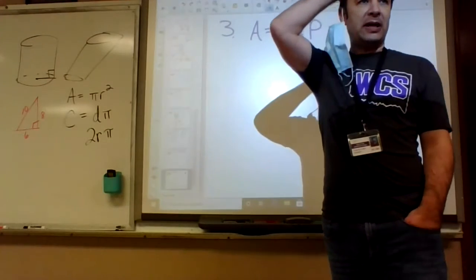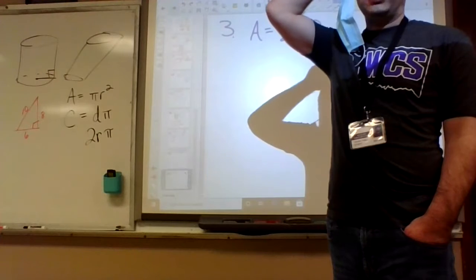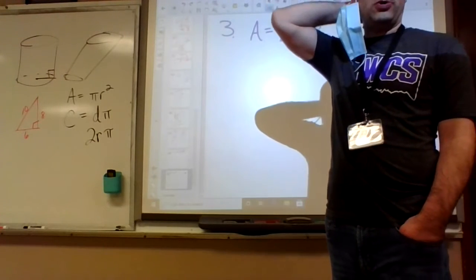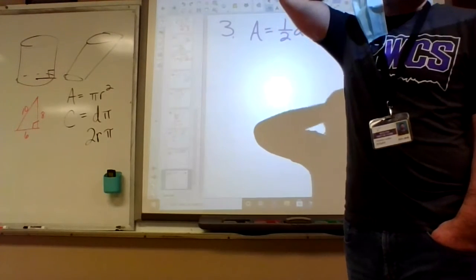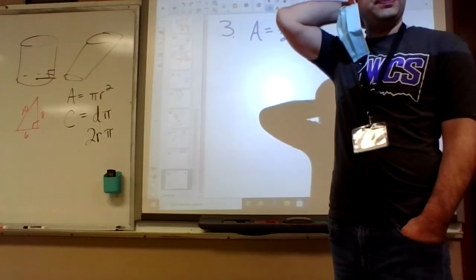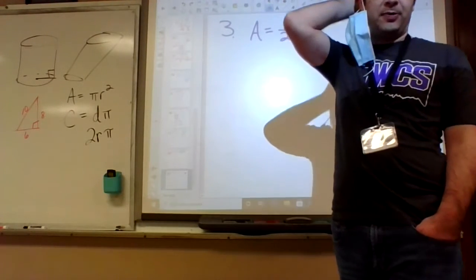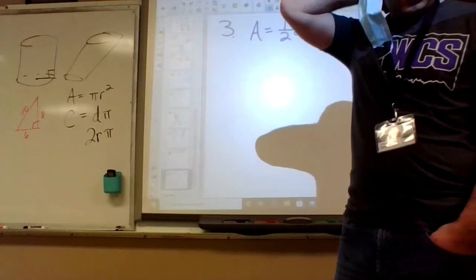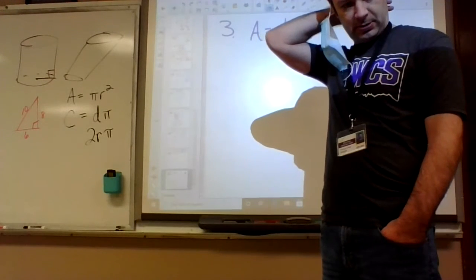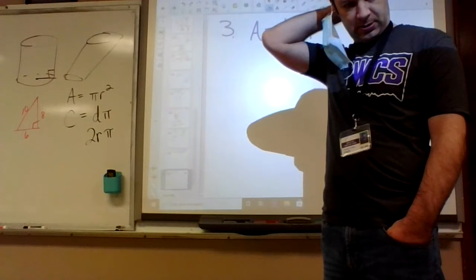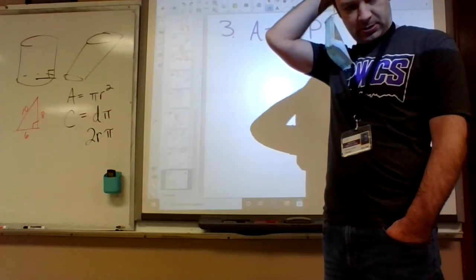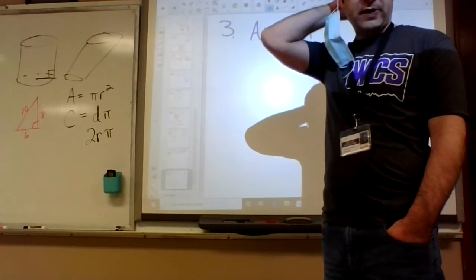Let's start with the lateral surface area. Joseph, what would the perimeter of the base on number 3 be? How could we find the perimeter of the base? Five times 5, right.